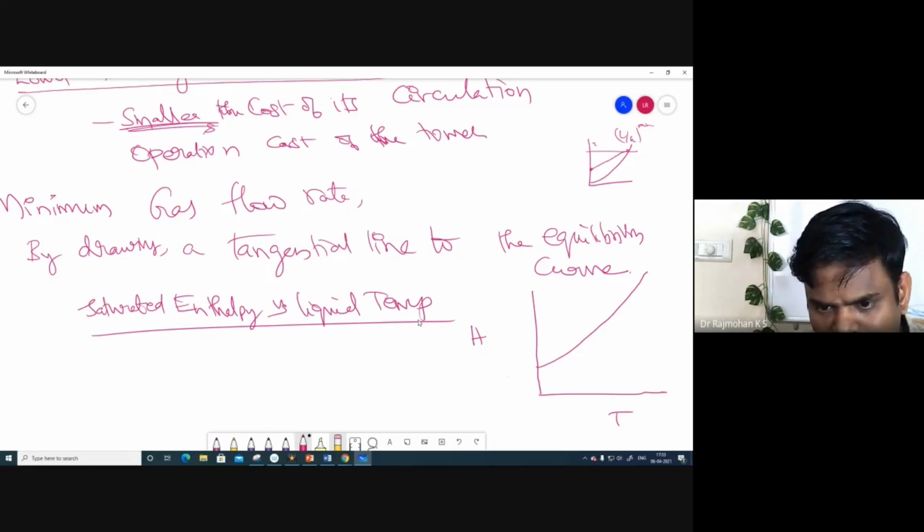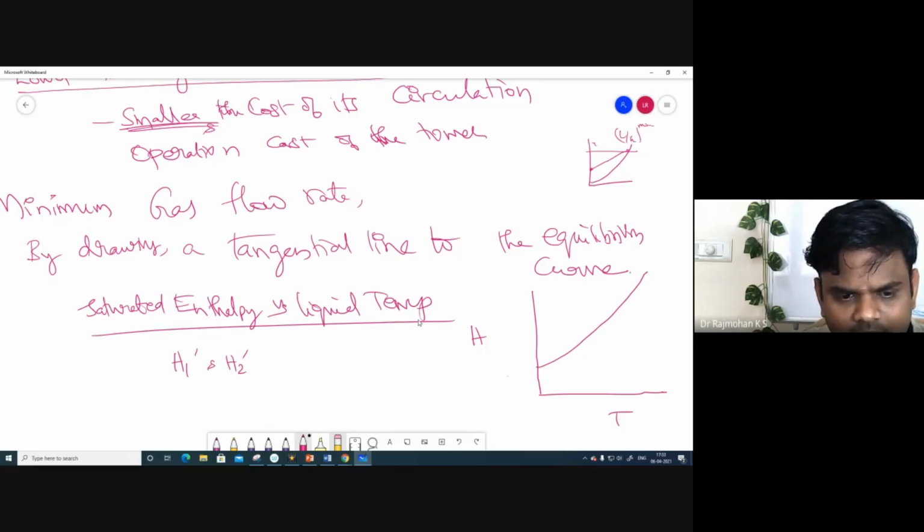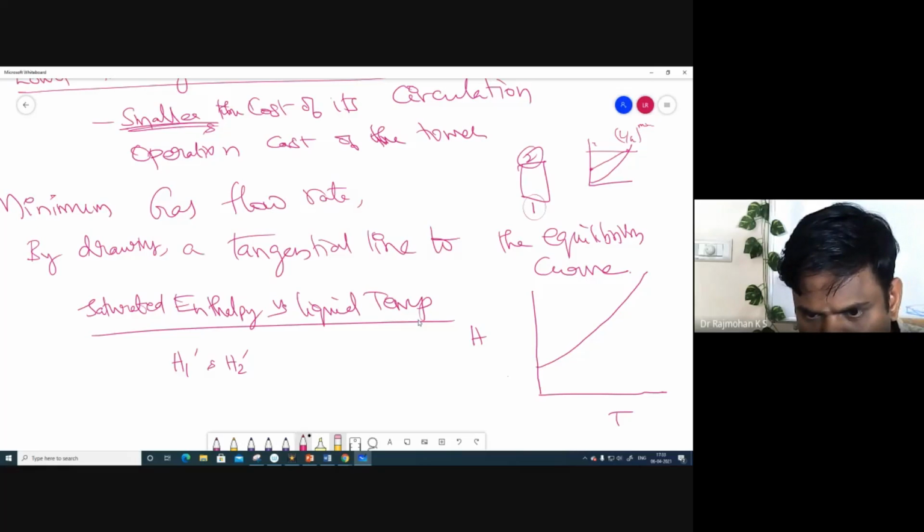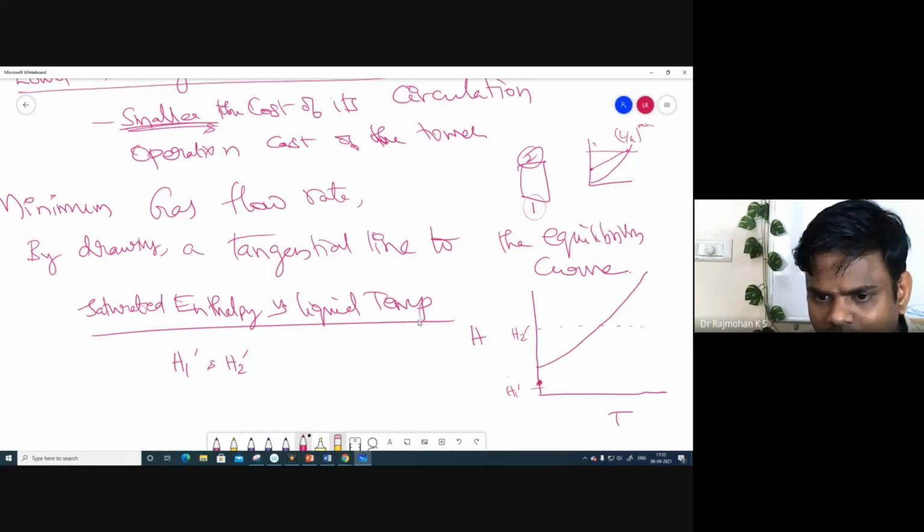Let me say H1' and H2' are the enthalpies. One is at the bottom of the tower, two is the top of the tower. So H1' and H2' are the enthalpy values. We can say that this is the H1' value, and let me say this is the H2' value. So we can always plot the values, right? TL1 and TL2.